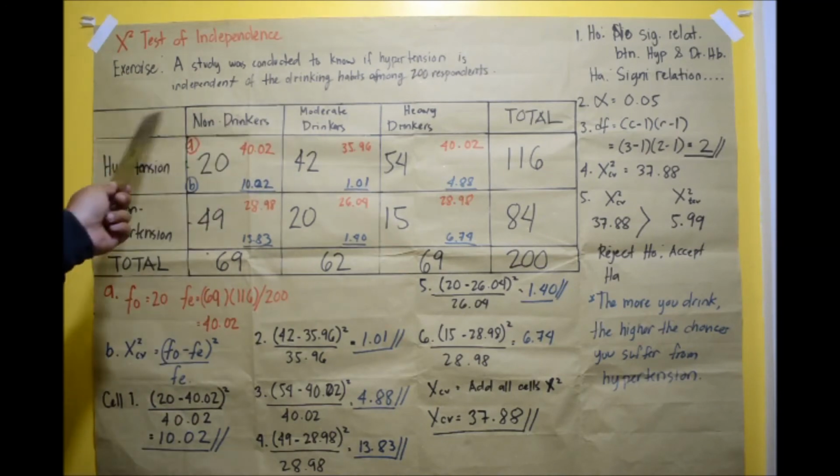Although the range is made up. So it becomes ordinal. Then this one would be nominal: hypertensive and non-hypertensive. So, nominal and ordinal.